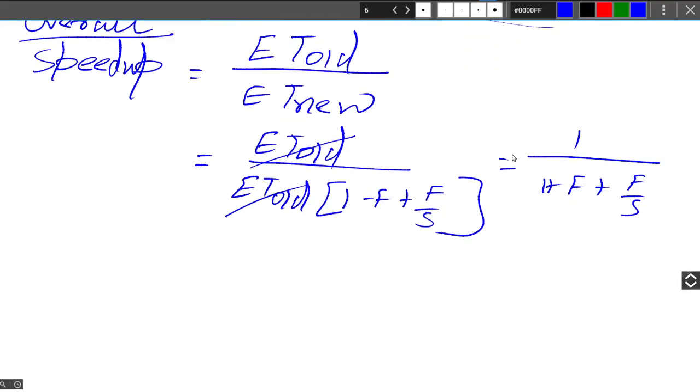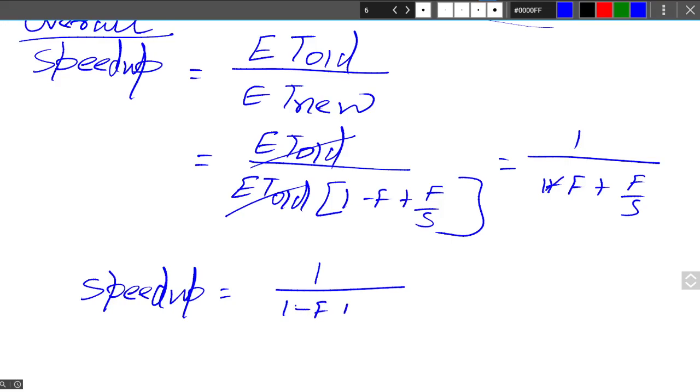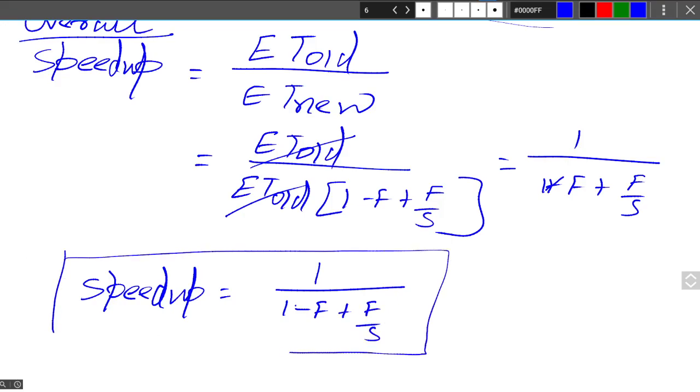Given a system where you have enhanced some portion f, it can be 0.5, 0.6, 0.9 or 0.2, whatever, and you also have its speed up, how much faster the particular fraction has become, then you can find the overall speed up of the system using this formula. This is the speed up of your system.